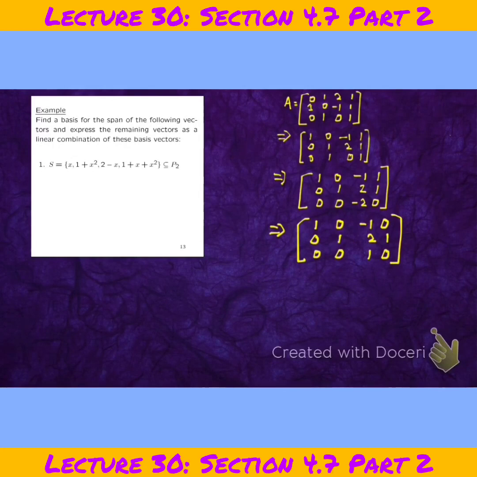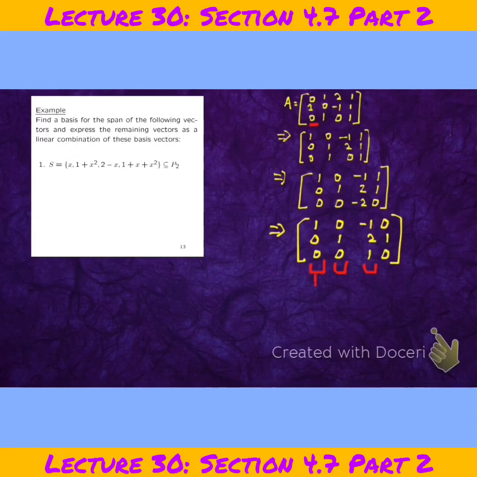So now upon investigating the final matrix, we look at the columns that contain the leading ones. That's a column that contains a leading one, that's a column that contains a leading one, and that column contains a leading one.